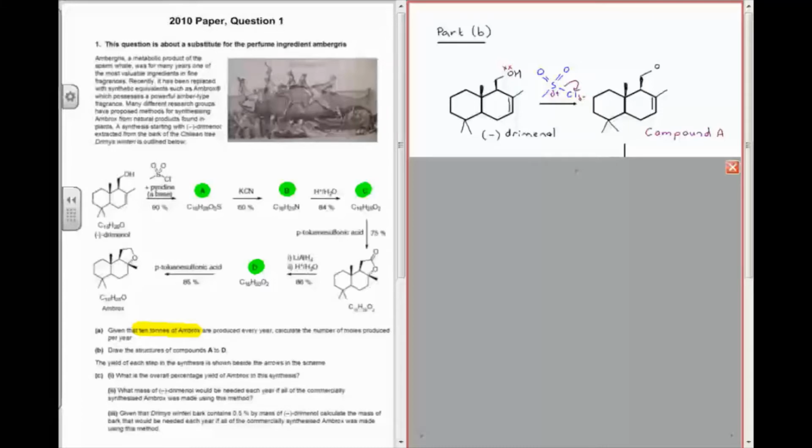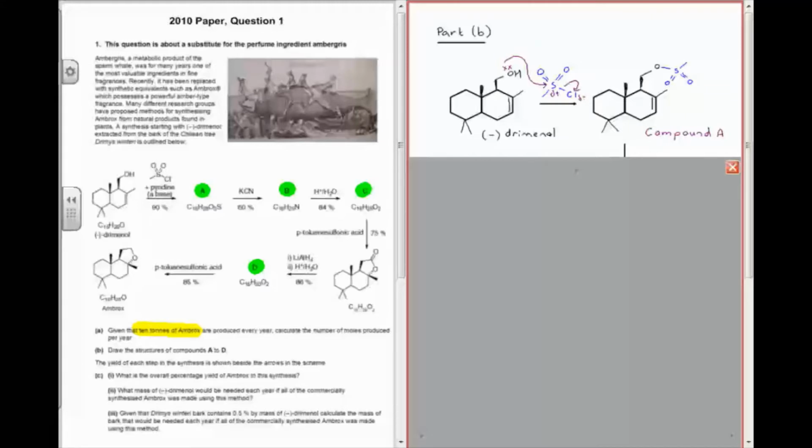We can therefore imagine a reaction in which the oxygen lone pair attacks the electrophilic sulfur atom to eliminate the chlorine atom as a chloride anion and give the structure of the intermediate A as shown here.